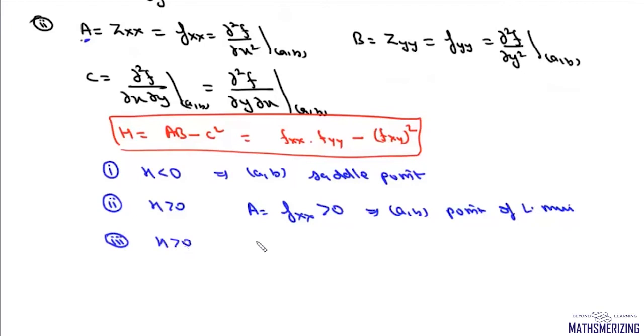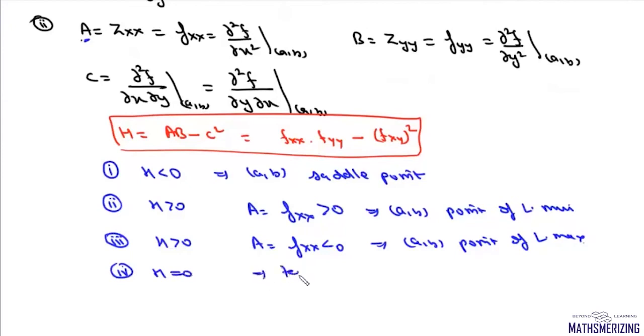If H is greater than 0 and A is less than 0, then (a, b) is a point of local maxima. And if H is equal to 0, we'll say the test fails. So these are the conditions with which we can determine whether at any point there is a maxima, a minima, or a saddle point.